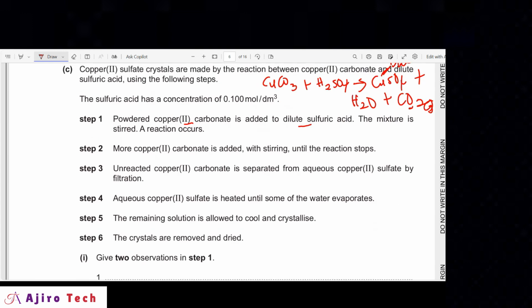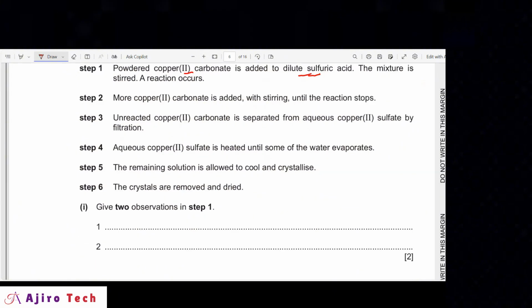So step one, you added dilute sulfuric acid to the copper(II) carbonate, and you stirred it. So what you observe is, number one, you're going to see bubbles, or you could say you observe effervescence.